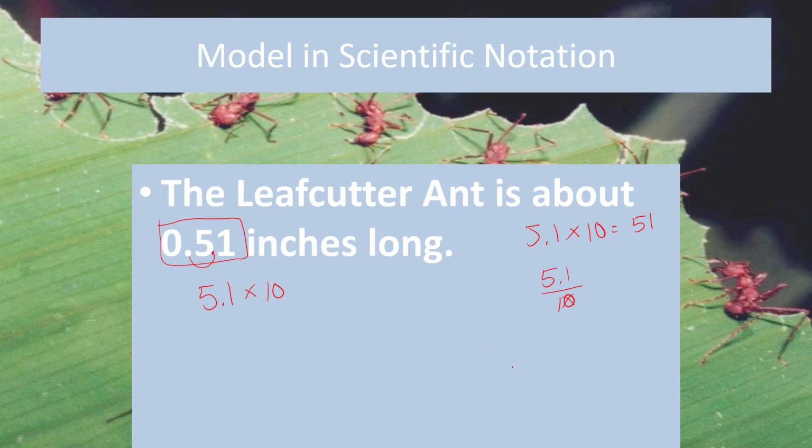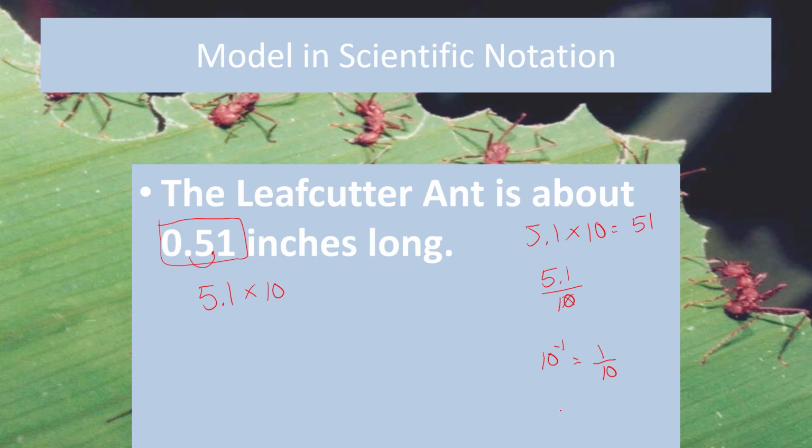If I give you the number 10 and I want to bring that number down into the denominator, remember from our exponent laws that we had to have a negative power. 10 by itself has a positive power, but if I make 10 have a negative 1 power, that's going to give me 1 over 10 as a solution.